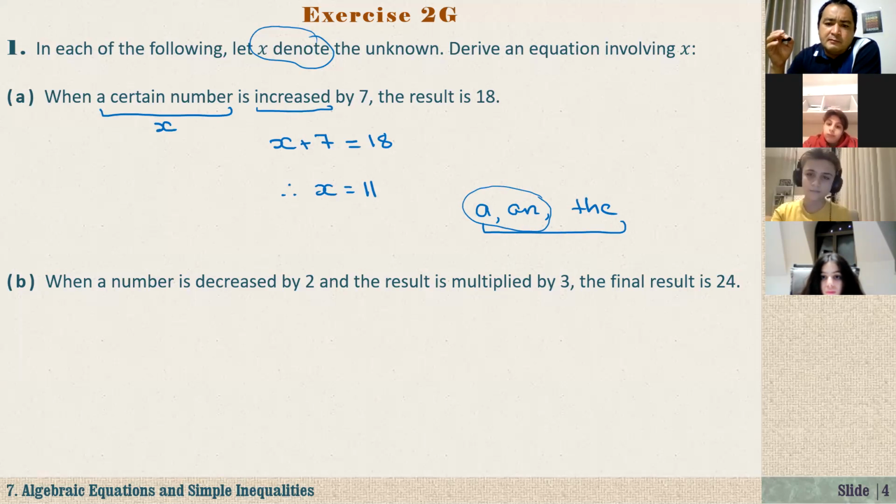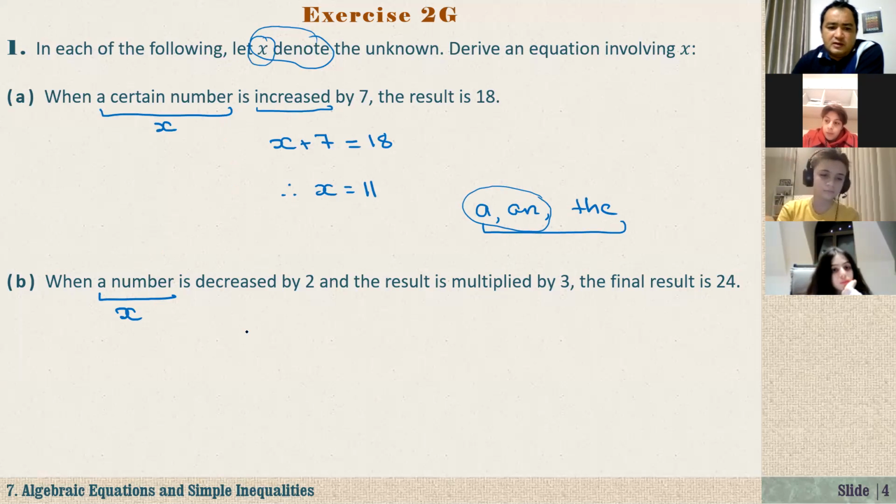If I say a plane, for example, what plane are we talking about? If I say the plane, you know what I'm mentioning. That's why when you just say a number, we don't know what number it is. Let's say that number is x, because we are suggested to use x to denote the unknown. It is decreased by 2.